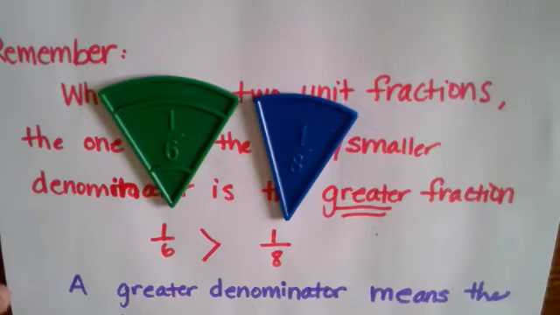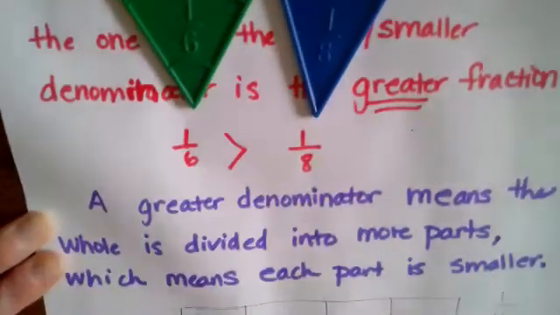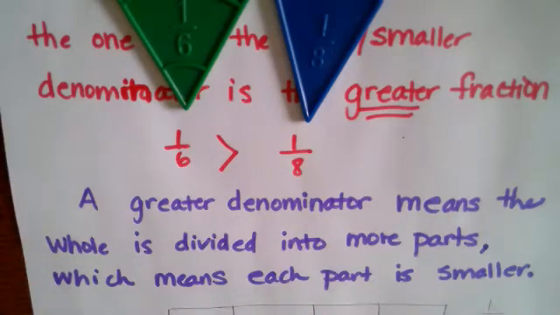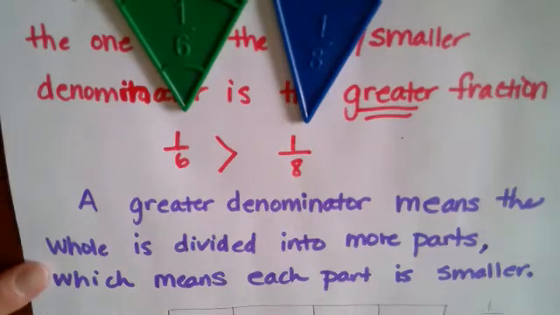This next part proves that a greater denominator, like 8, means that the whole is divided into more parts. Since the whole has been divided into more parts, each part has to be smaller than the other fraction.